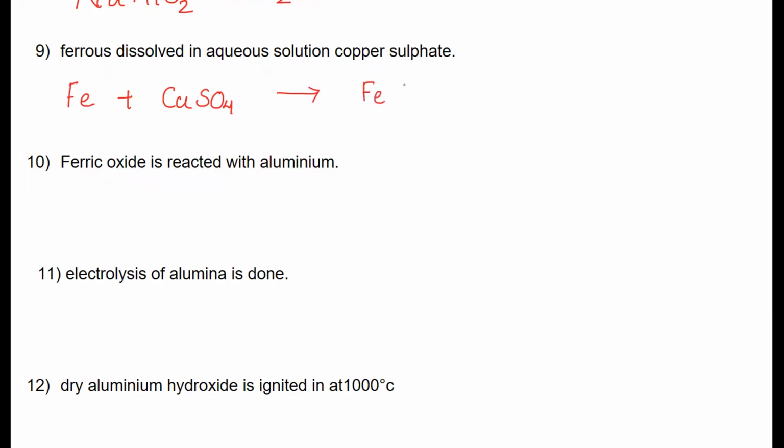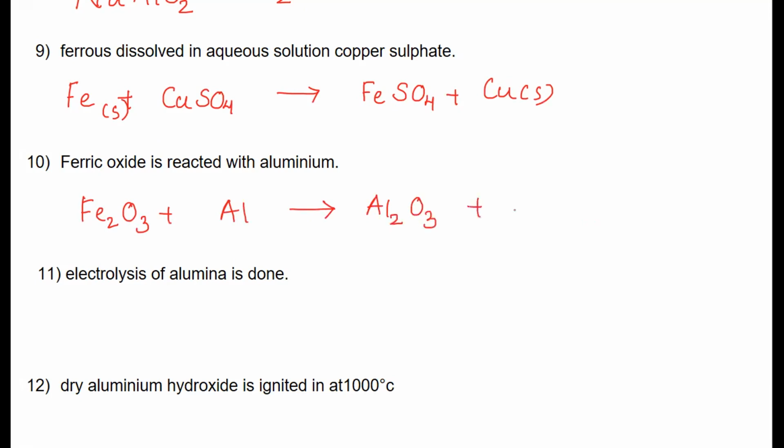So we can write FeSO4 plus Cu. This equation is balanced. Okay, let us solve the next question. Ferric oxide reacts with aluminium. Ferric oxide is Fe2O3. Ferric oxide reacts with aluminium and we will get aluminium oxide Al2O3 plus Fe.